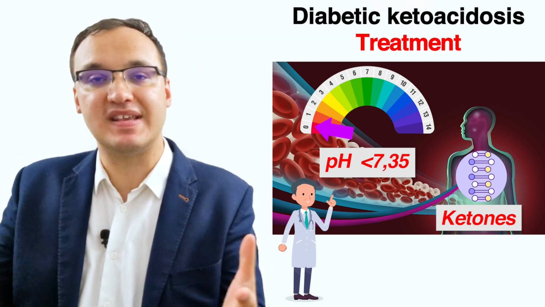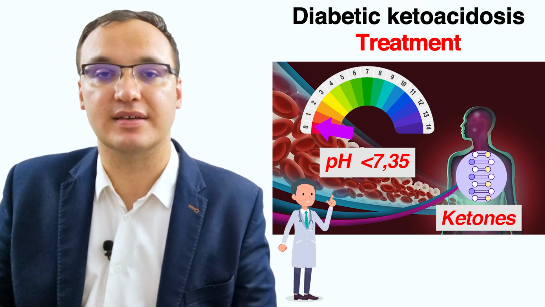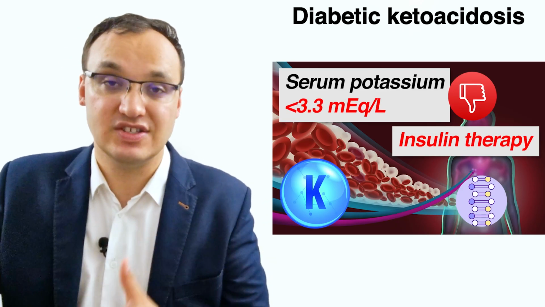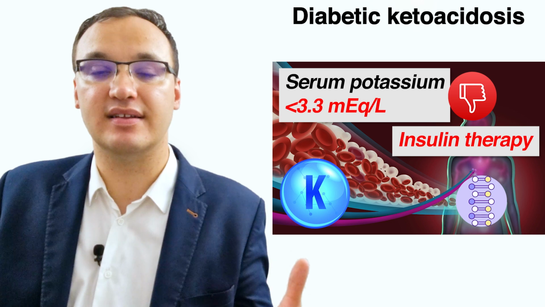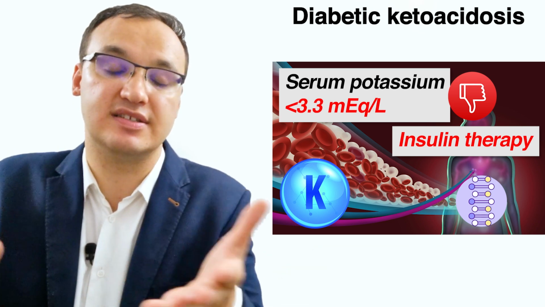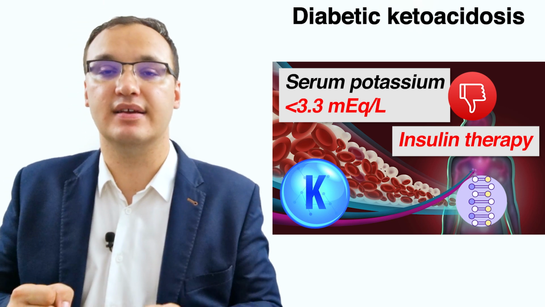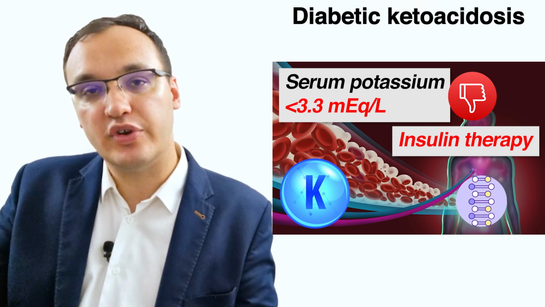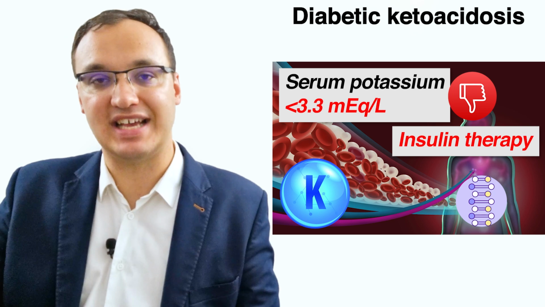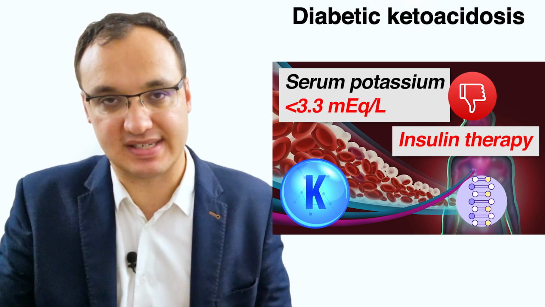So whenever I'm saying, for example, that when you give insulin, the question you can ask is: why is it important to add potassium? The reason is that insulin tries to move potassium from the blood into the cells.